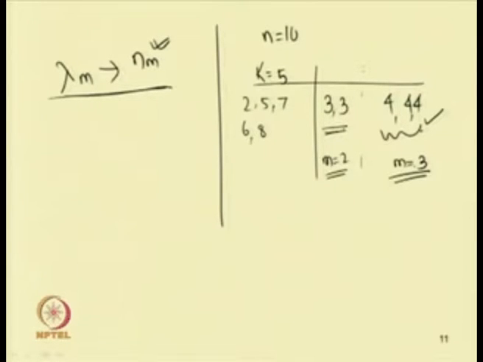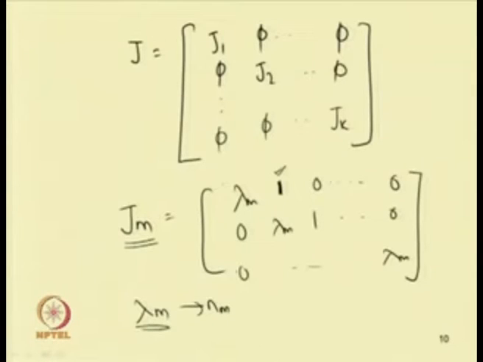So, we have k distinct eigenvalues, and in addition we will have some other eigenvalues which have repeated roots. Let n m be the multiplicity of lambda m. The matrix J m corresponding to the eigenvalue lambda m differs from the distinct case because we have this entry 1 just above the diagonal term.